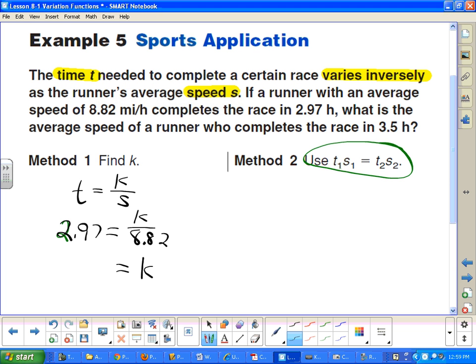And so I'm going to get something around 27, right? A little less than 27. What is it? 26 point what? 23. Okay. So they went 26.23 miles.